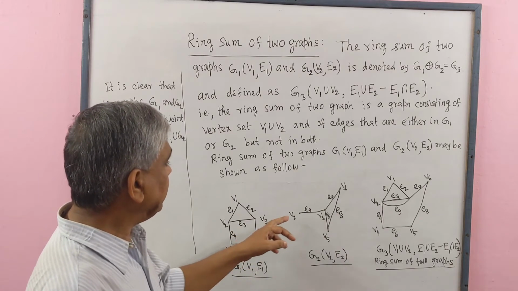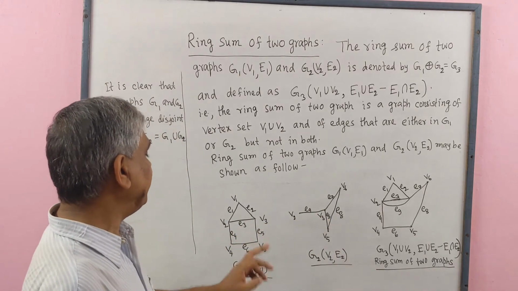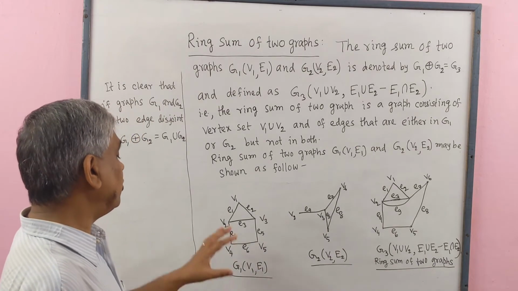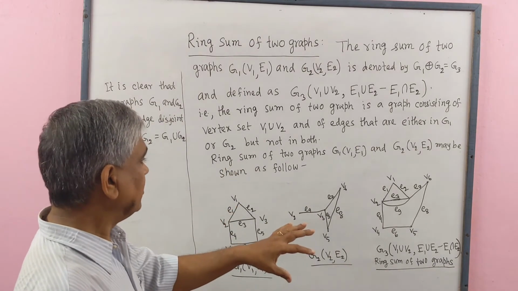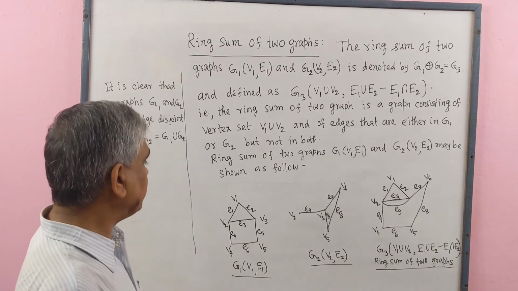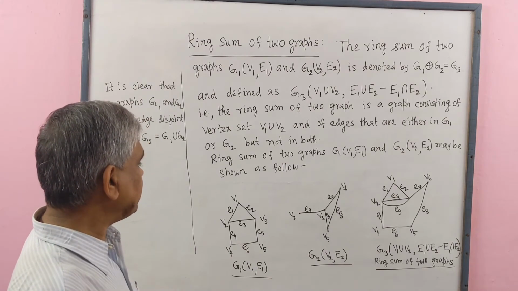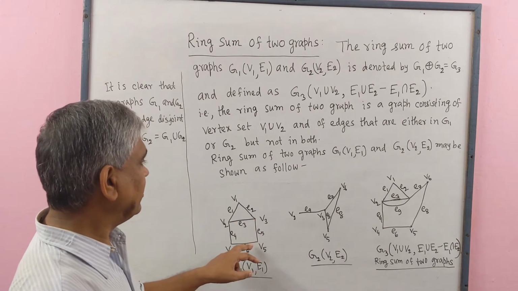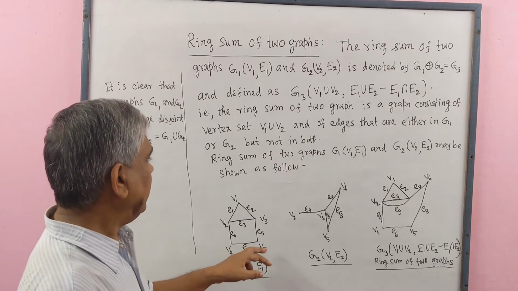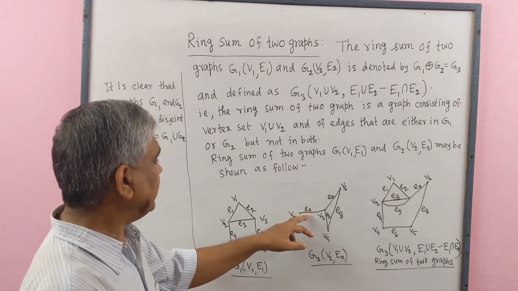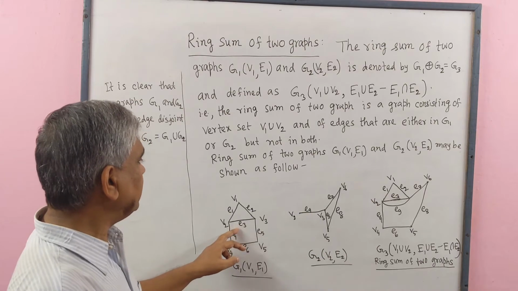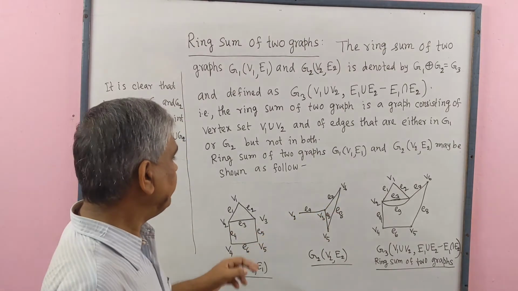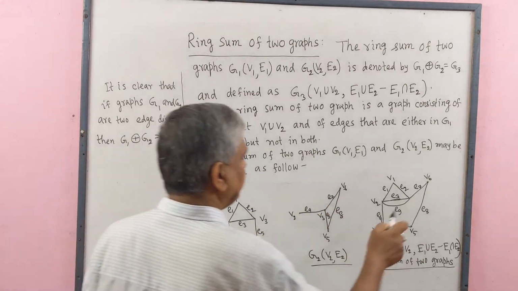We should not include this edge E5. We include all vertices in the ring sum of two graphs except this edge E5. And here we see that E9, here E3. So we write here joining V1 and V3.